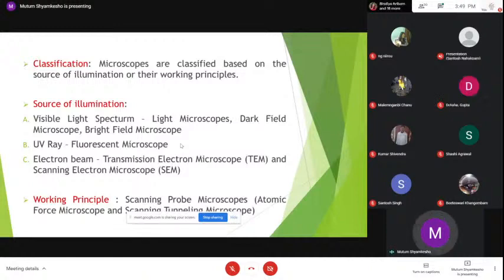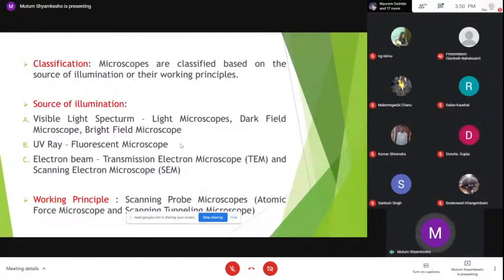In the case of the dark field microscope, the object is illuminated by a ring of light coming at an oblique angle. When there is no specimen in the microscope, the objective lens will not collect any of the light coming from the condenser lens.